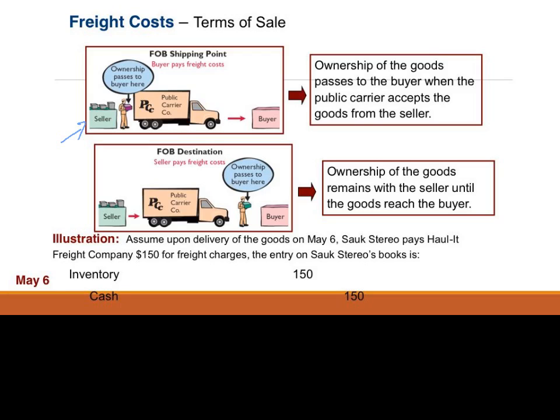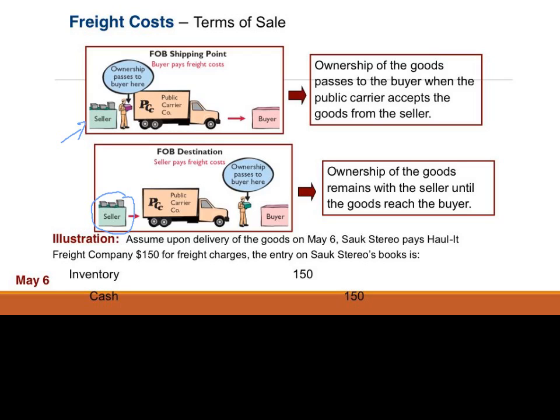And that's an added cost to purchasing inventory. In the other situation, if the seller says that they are going to sell the products to you free on board destination, then the shipping cost is paid by the seller. And that shipping cost is in the invoice of the items you purchased.